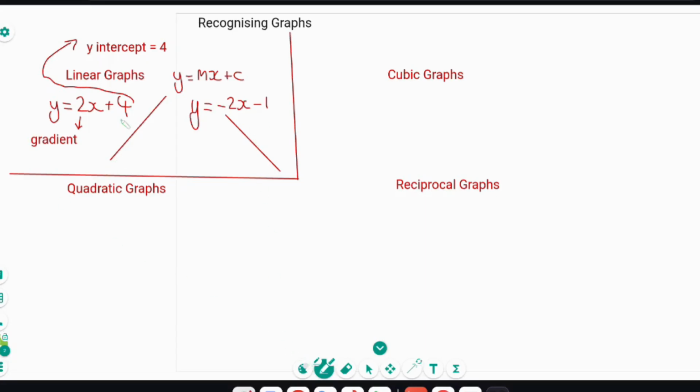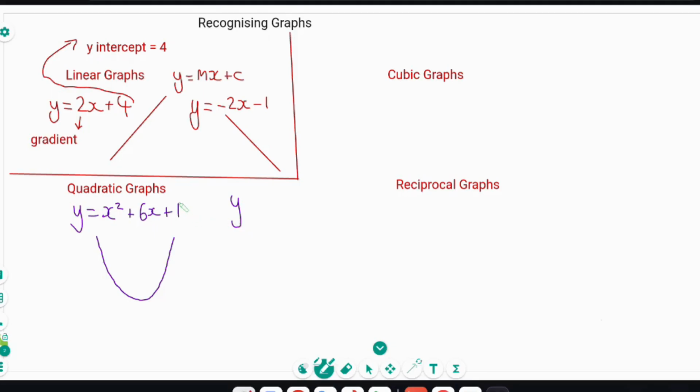Okay, quadratic graphs. Quadratic graphs would have an equation with an x squared in, being the highest power. So it might have an x term in as well, but it's always the highest power you look at to decide if it's linear, quadratic, or cubic. So a quadratic graph is a curve.